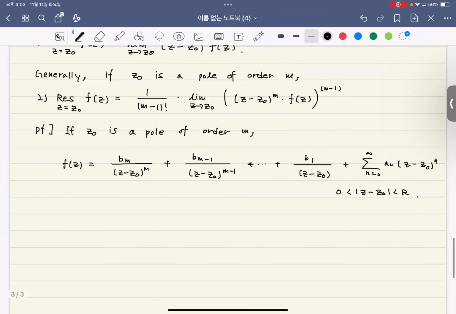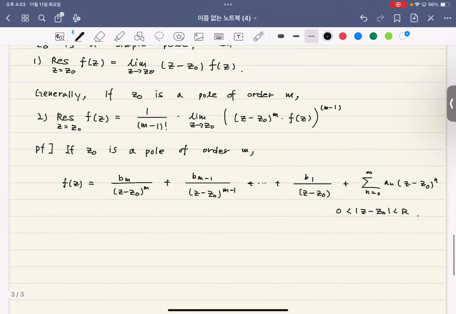Now, how do we extract this number from this expansion? First I will multiply everything by (z minus z0) to the mth power.